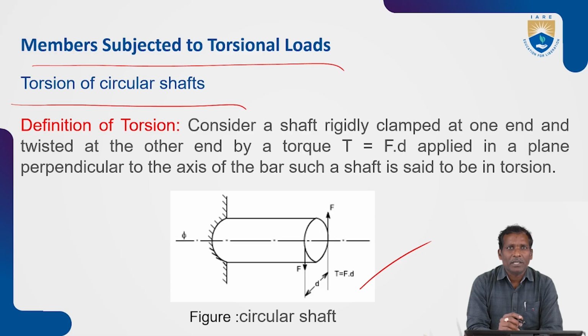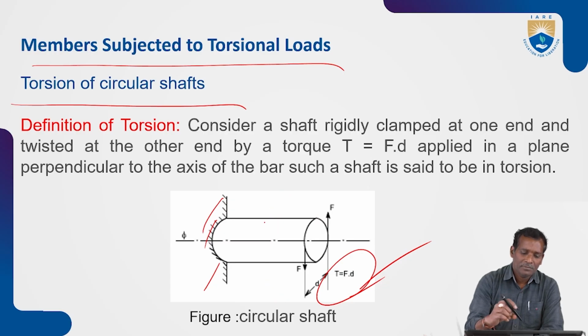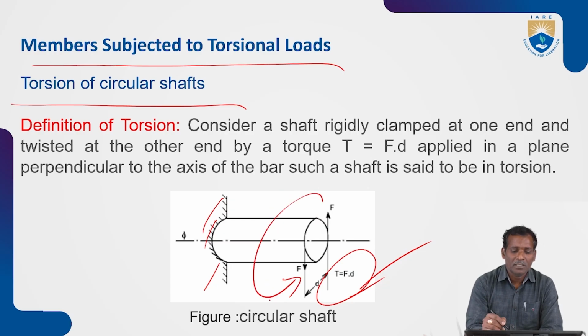As per the definition, consider a shaft rigidly clamped at one end, so one end is fixed, and twisted at the other end by applying a torque, like this or like this, applied in the plane perpendicular to the axis of the bar. Such a shaft is said to be in torsion.